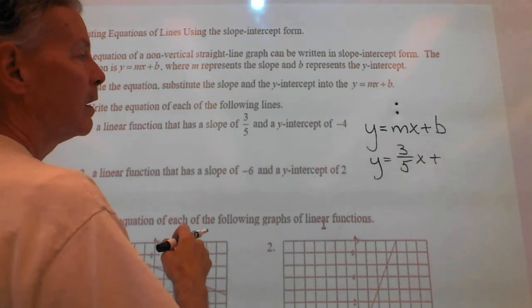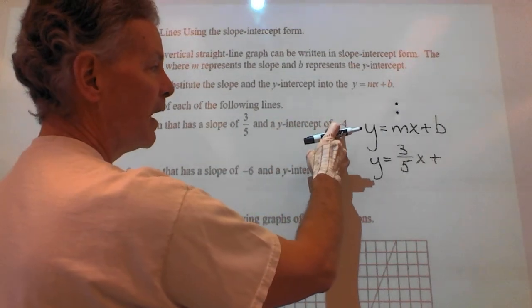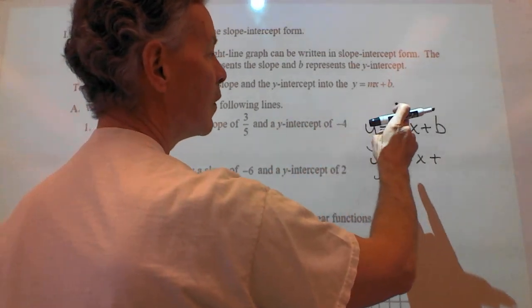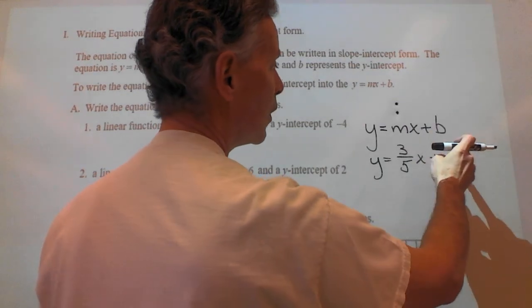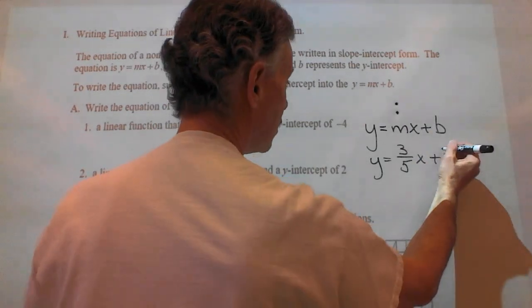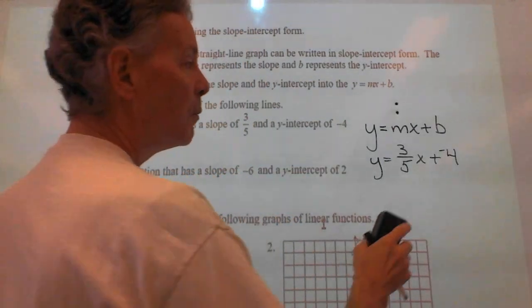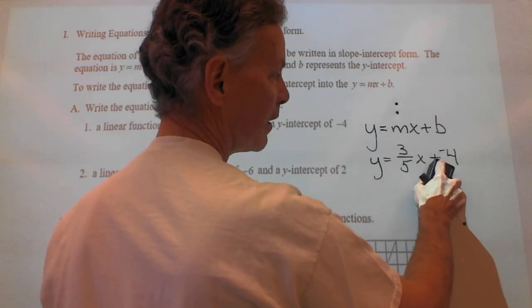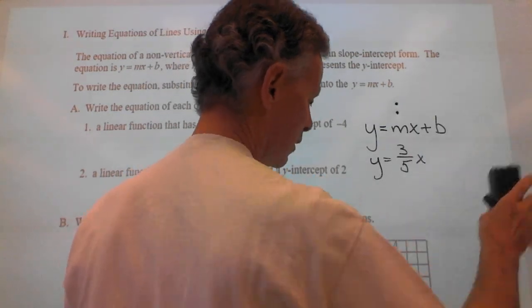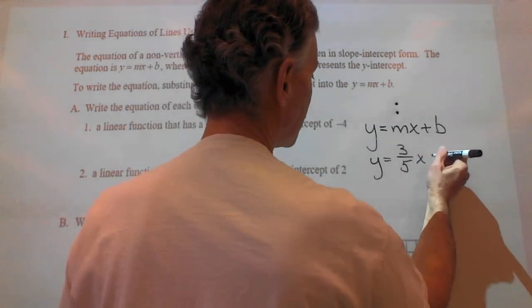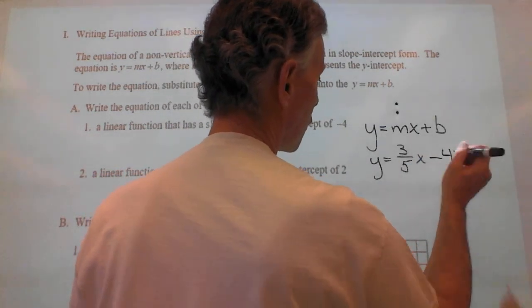And it has a y-intercept of -4, so instead of b, we're going to write -4. Now, you can write it like this, but it's much simpler, rather than writing plus -4, to simply think of it as -4.